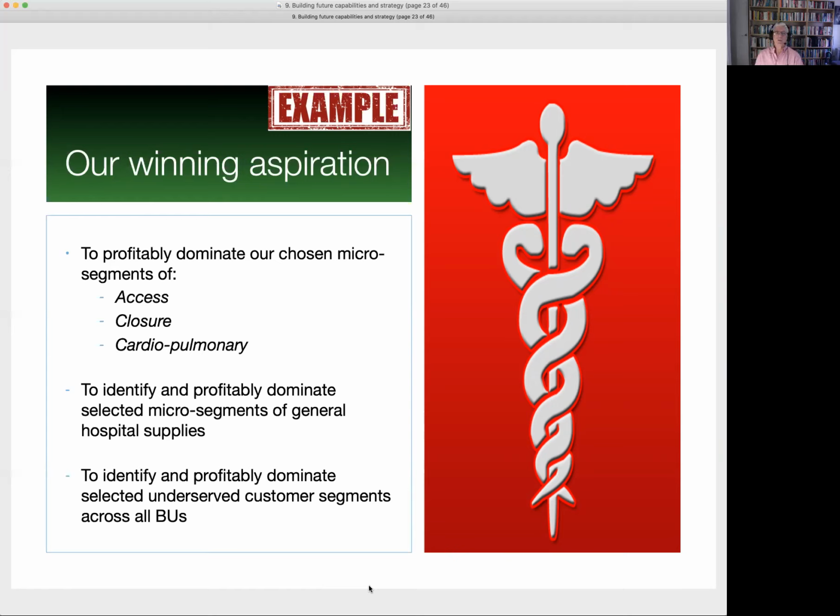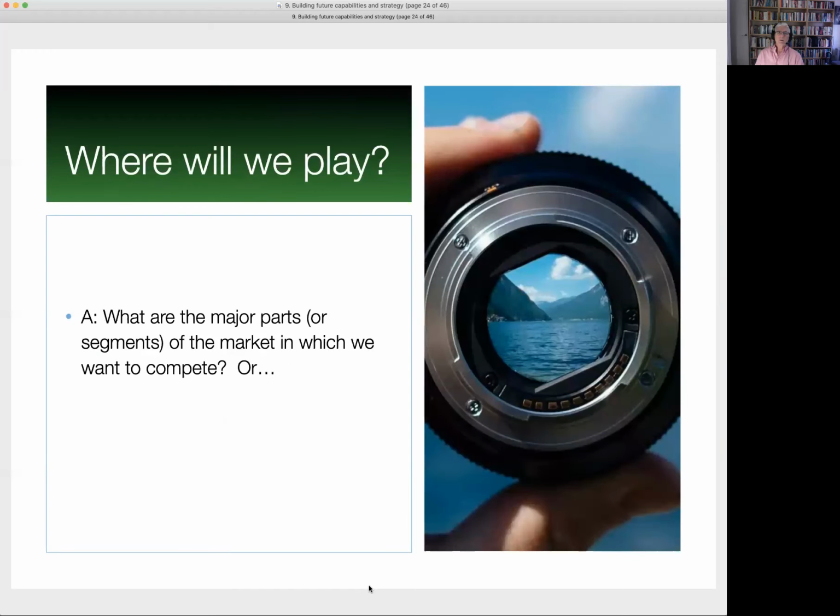And we knew that the competitors in this market tended to serve the really big customers really well in the high volume items, but the smaller customers who didn't have the volumes, and maybe some of the specialist segments, weren't always well served. So the second part of the Play to Win framework is, where will we play? What are the major parts of the market or segments of the market in which we want to compete? Or what are the major jobs we want to focus on? So what are the specific value adding jobs or problems we want to solve, the challenges that we want to help them meet?